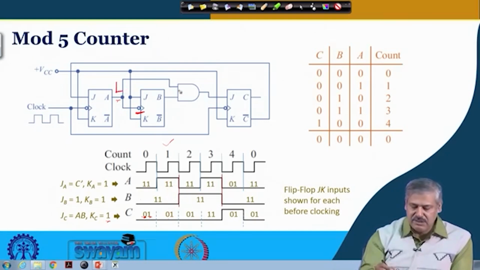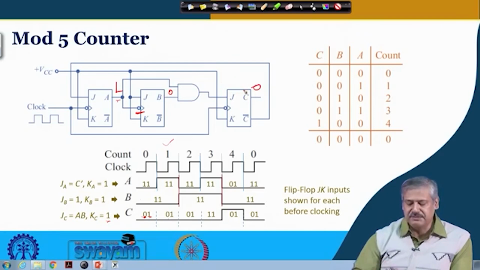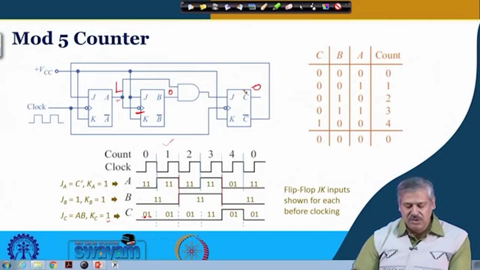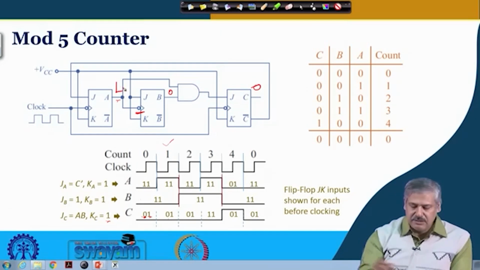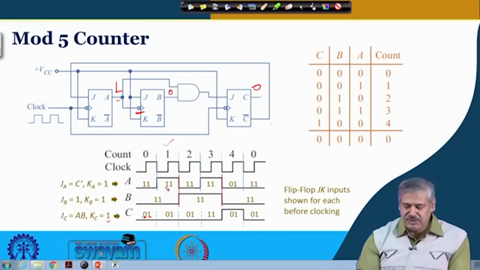So, this is 1, this is 0 and this is 0, right. So, then this 1 is fed back here. So, this will again toggle. So, from 1 it will become 0, right. So, that is what has happened, okay. And when it toggles, this gets a negative edge.